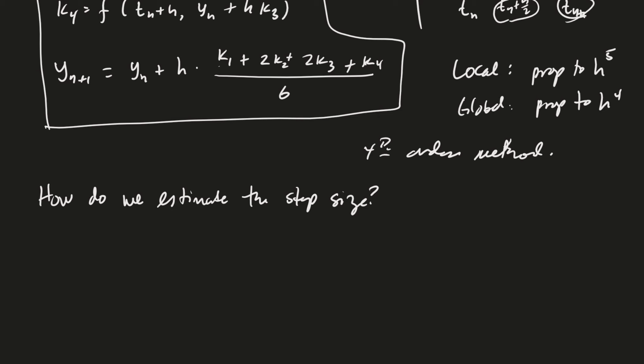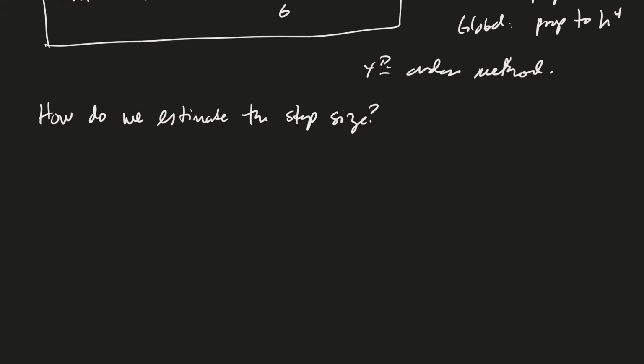Well, the idea here is that you can use 2 methods. Let me say that differently here. We're using 2 methods. For example, we might use something that is using order 2 and order 3, and we can see by the difference of those 2 methods what an estimate of our error is.